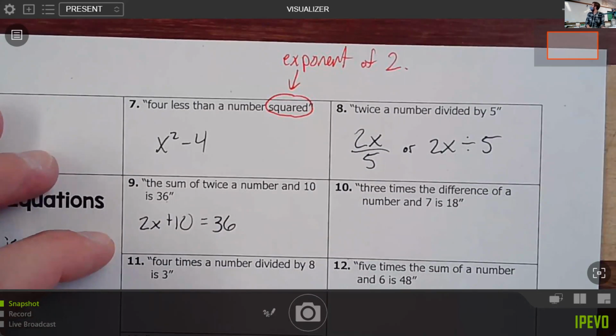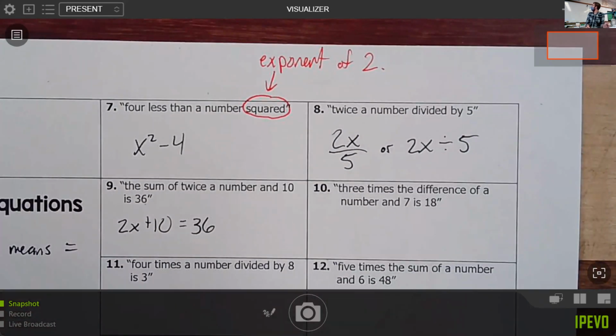Number 10, 3 times the difference of a number and 7 is 18. All right. So 3 times the difference of a number and 7 is 18. Now, look carefully here. So what operations do we see?